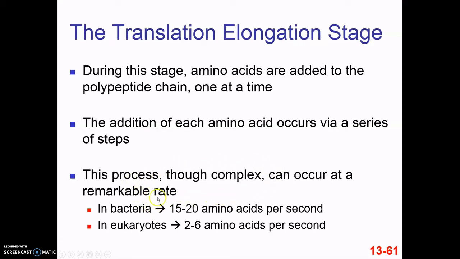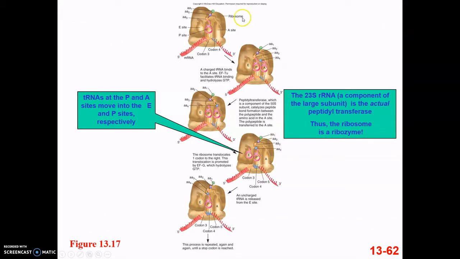Even though what you'll see is a very complex process, it can happen remarkably fast. So in bacteria, we can add 15 to 20 amino acids per second, and in eukaryotes, it's 1 to 6 amino acids per second. So even though bacteria are faster, they are both clipping along fairly quickly for what you'll see as a fairly complex process. So let's kind of walk through that.